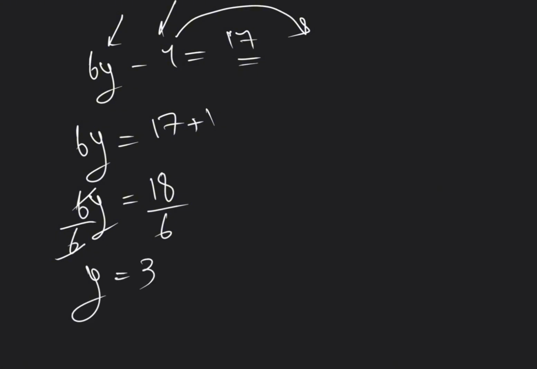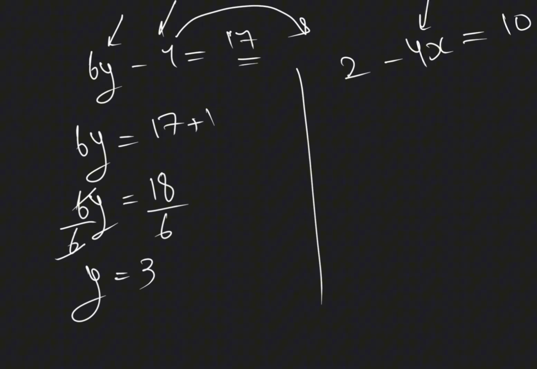Understood? Now let's have a different idea. If we have, for example, 2 minus 4x equals, let's say, 10. Okay, as I told you, we have two operations. We have subtraction and we have multiplication inside our linear equation. So we take a look first at which one I should move.